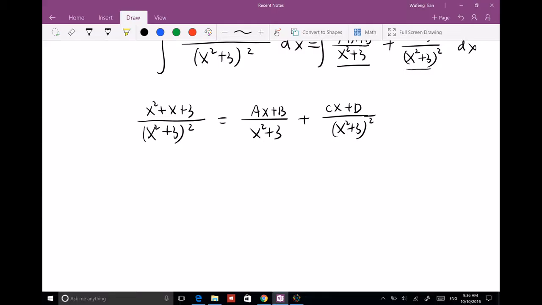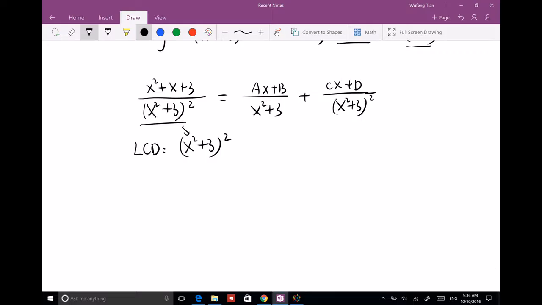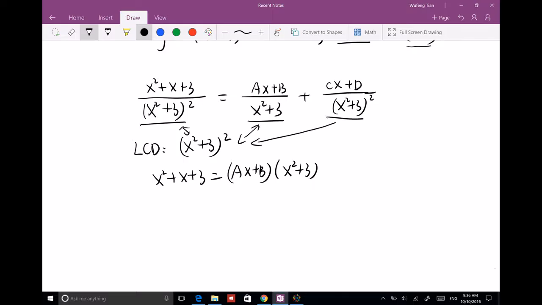I think we're going to multiply through by the lowest common denominator. Yes, what is the LCD? x squared plus 3, all squared. Okay, if I multiply this through, what do you get? x squared plus x plus 3 equals (ax plus b) times (x squared plus 3) plus cx plus d. That's perfect.